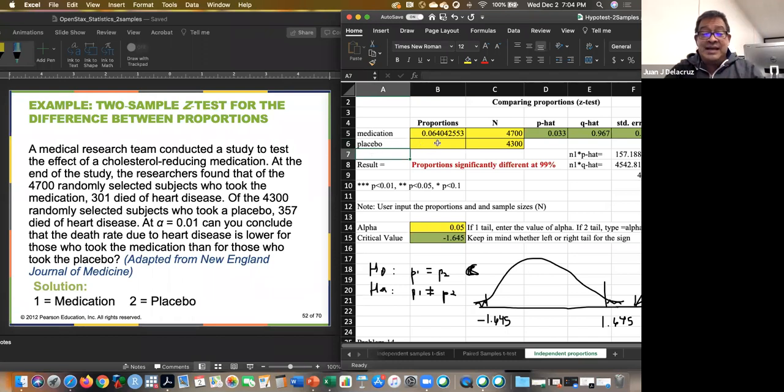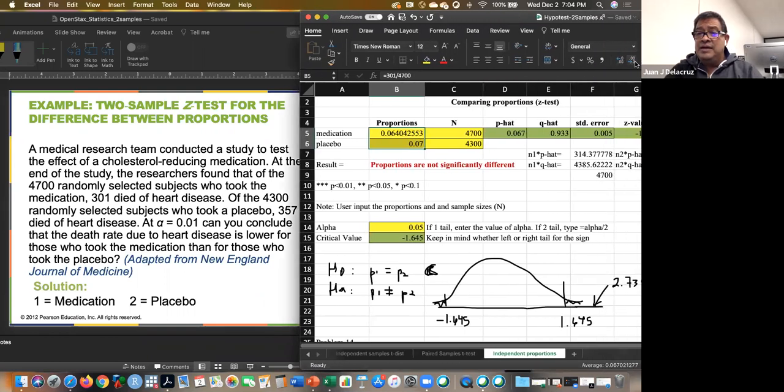In this case, I have 301 who died out of the 4,300. So here we have 6.4%. Here we have 6%. So let me make this even.